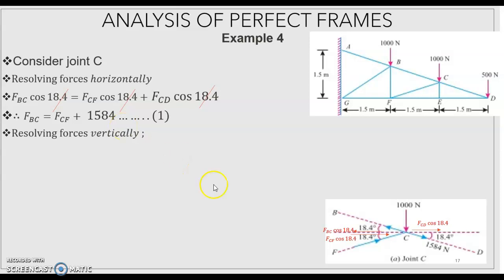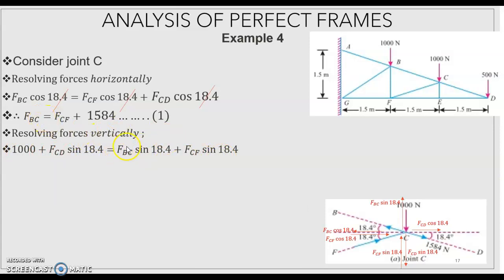Resolving vertically, the 1000 Newton load is there, and the vertical components of these three members: FCD sin 18.4 acting downward, FCB sin 18.4 acting upward, and FCF sin 18.4 acting upward. Two forces are acting upward and two forces are acting downward, so the downward force is equal to the upward force.